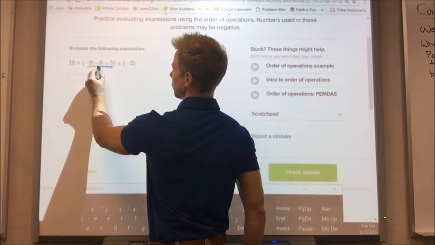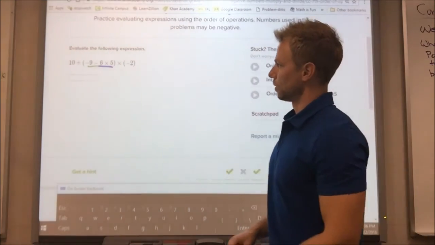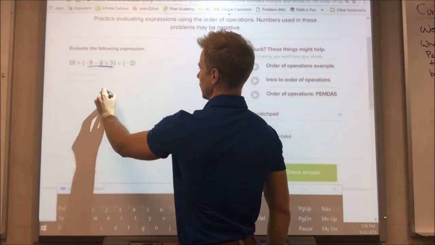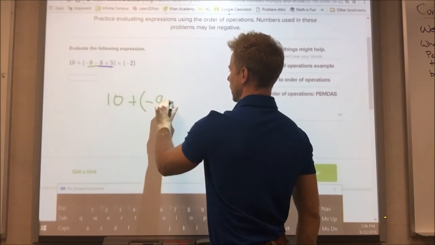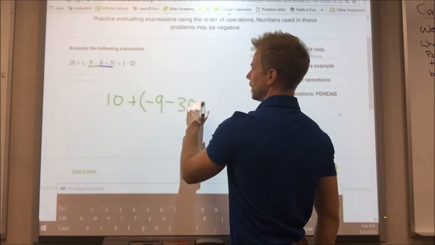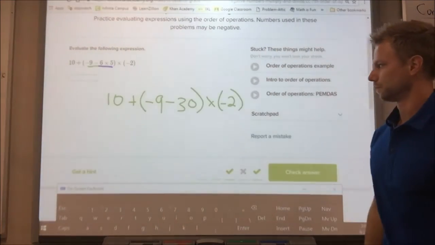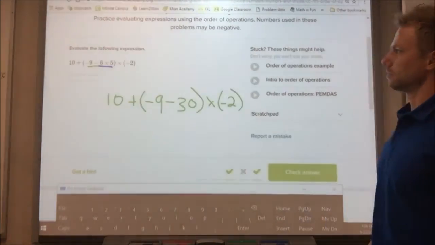We have to multiply or divide first. So I'm going to multiply 6 times 5, which is 30. So I have 10 plus negative 9 minus 30 times negative 2. Okay, all I did was multiply 6 times 5.